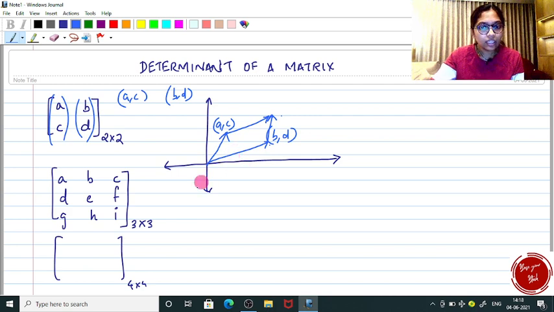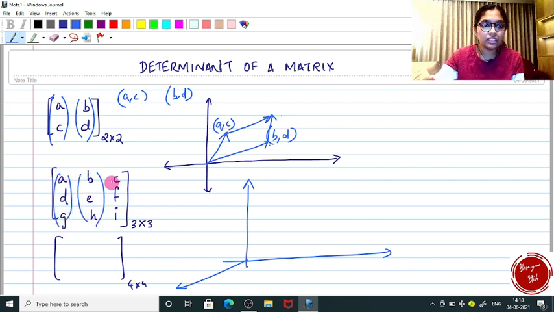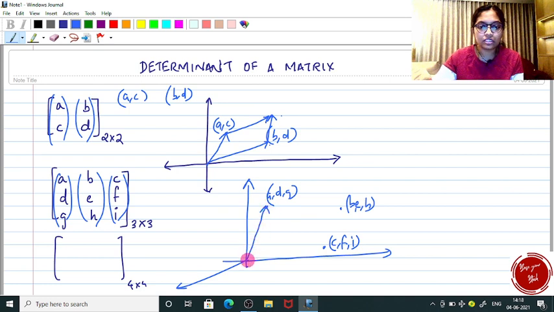Okay. This is applicable for the 3 by 3 system again. But at that point we need a 3 coordinate system. Got it? I need to spot these 3 coordinates: A, D, G and B, E, H and C, F, I. Now if I draw vectors for these points, obviously I get a figure containing these 3 different edges, isn't it?